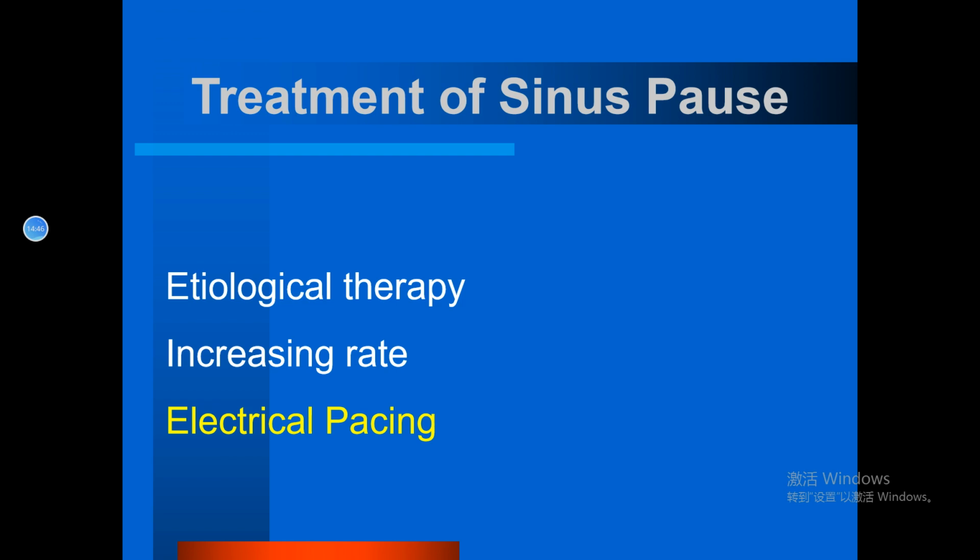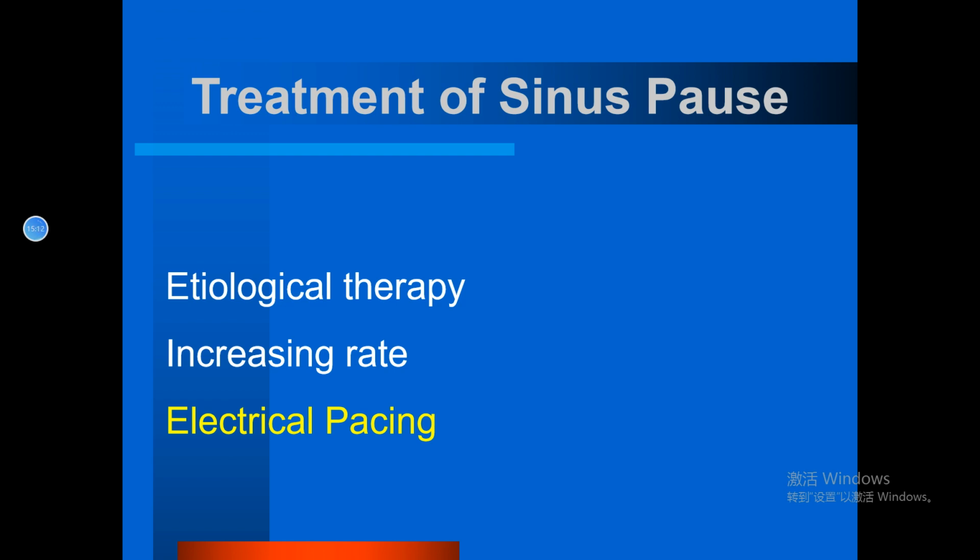The second treatment for the sinus pause is increasing the rate. We can use some drugs that can activate the automaticity of the sinus node, so that the heart rate can be accelerated a little bit.